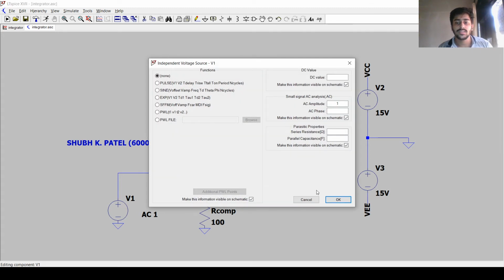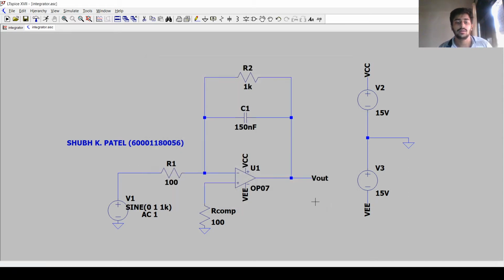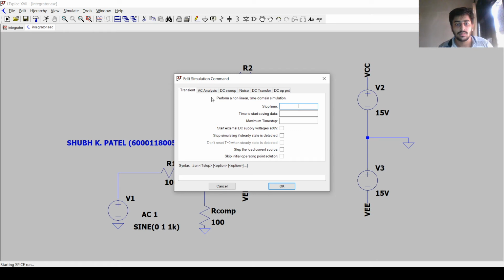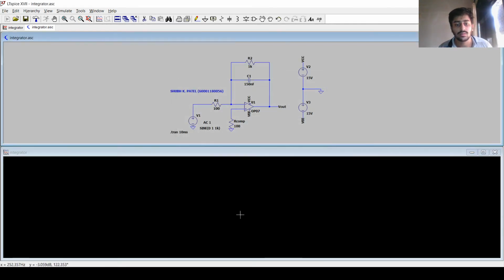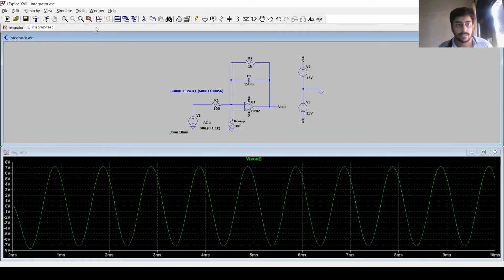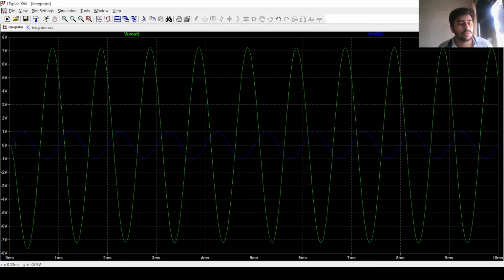Then right click on the voltage supply, click on sine, type 0 in the first box, type 1 for the amplitude and 1 kilohertz for the frequency. Now click on run. Then in the transient section for the stop time, type 10 ms. So this is the input.